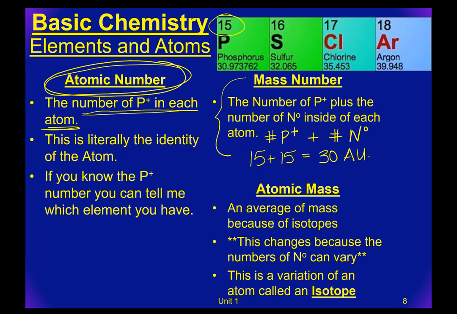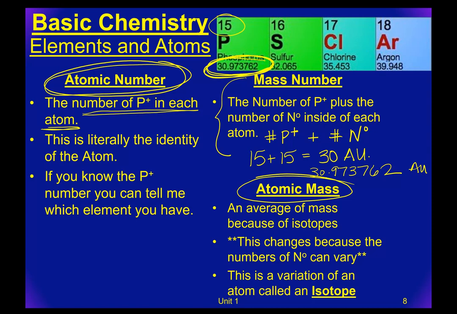But looking down here at the bottom, do you see how that isn't a perfect 30? It's actually 30.973762 atomic units. Yes? All right. Mass number is the penultimate perfection. Reality is something that we call atomic mass. Okay?